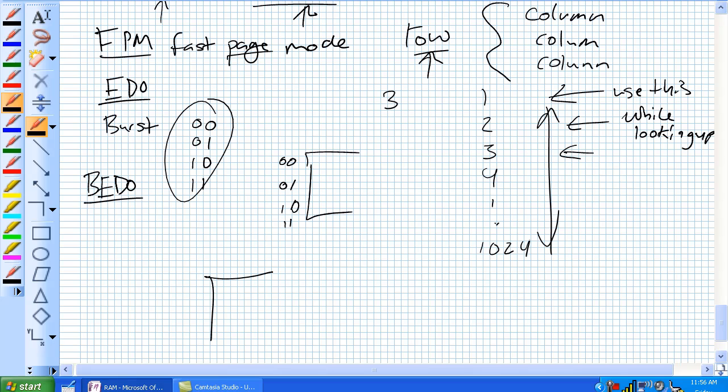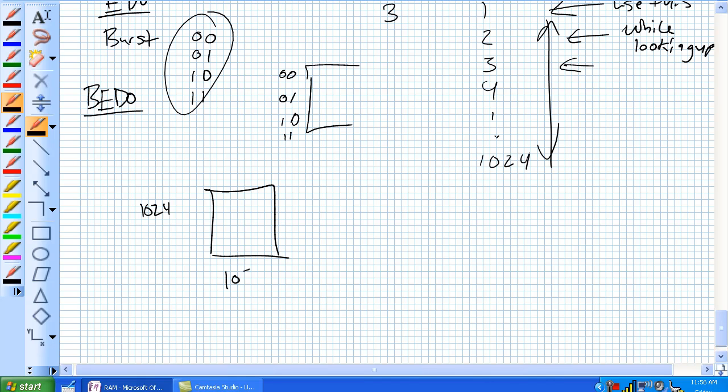There is just a quick one here. 1024 rows by 1024 columns. It's three-dimensional. So how many bytes can we put in it?